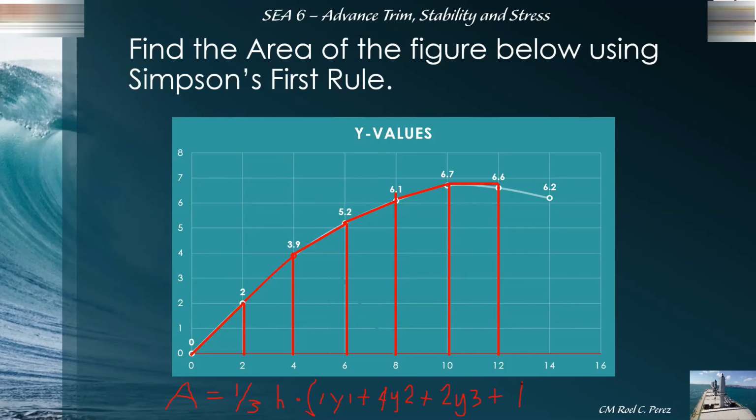And y4. y4. And then hindi kakapusin yata. 2 y5 plus 4 y6 plus 1 y7.